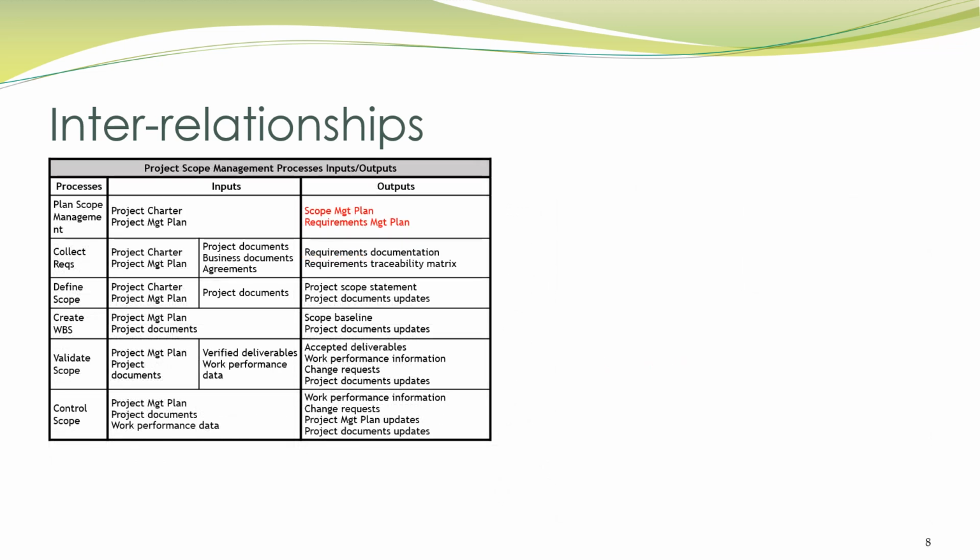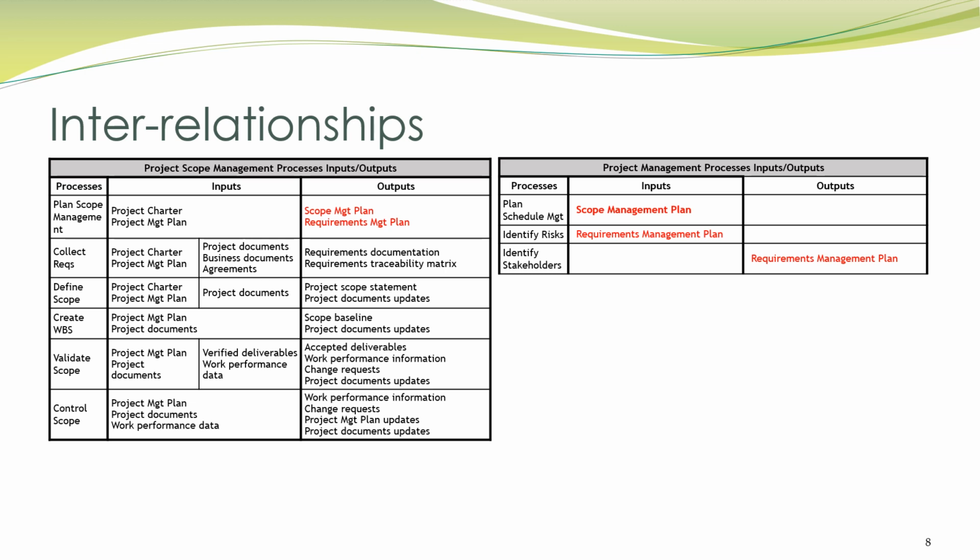Okay, let's look at the outputs for the scope management planning process. The scope management plan, of course, and the requirements management plan. These appear as inputs into both the plan schedule management process and the identify risks process.